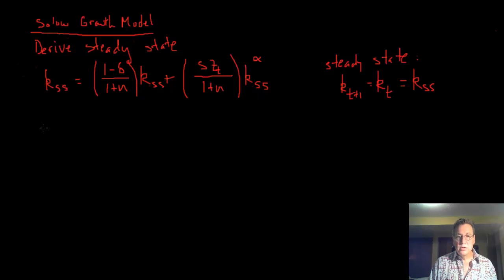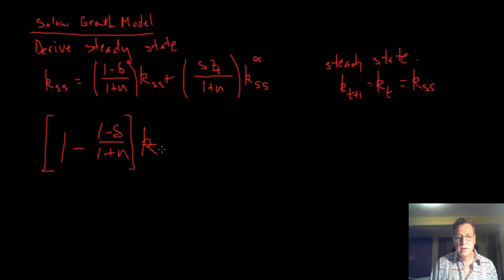So what we can do is just factor out the k_ss. You get 1 minus delta over 1 plus n, that times k_ss equals s z_t (1 plus n) k_ss to the alpha. So let's simplify this.